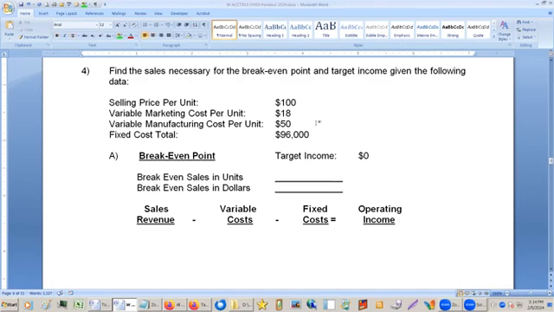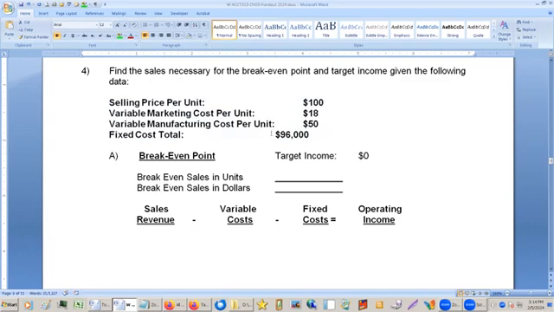Okay, I'm going to combine both of these two. You notice we have two variable costs here. I'm going to combine these two. You could leave them separate.